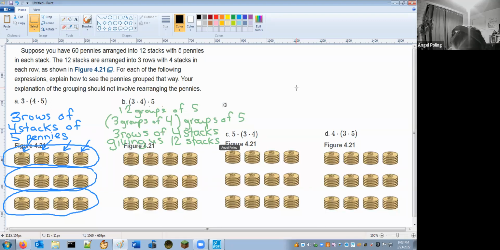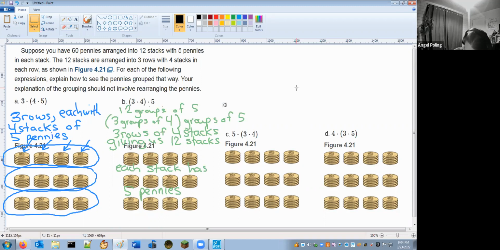And then each stack has 5 pennies. So this first one, then 3 rows, each with, to try to differentiate, each with 4 stacks of 5 pennies, making 20 pennies each.